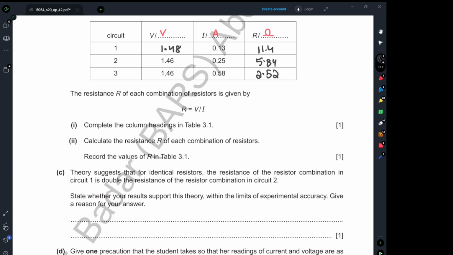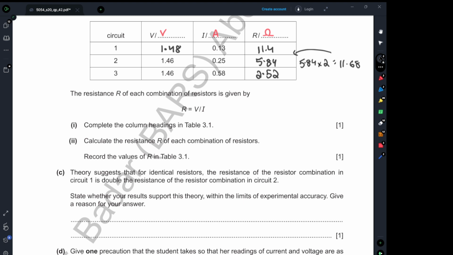Our experimental results do suggest yes, it's going to be double. उसका रीज़न क्या है? उसका रीज़न ये है कि 5.84 का डबल क्या होता है? 5.84 का डबल 11.68 हो जाएगा, which is almost twice. ठीक है, almost twice है, yes.